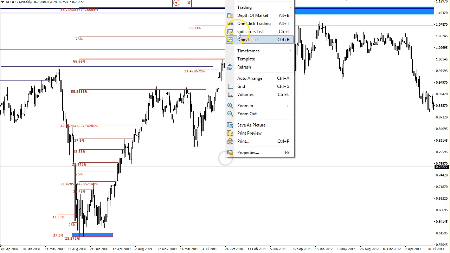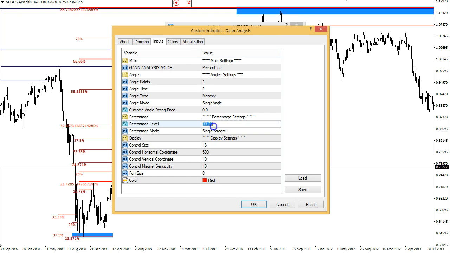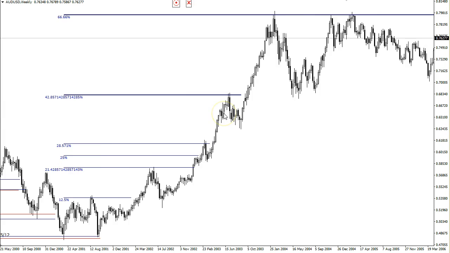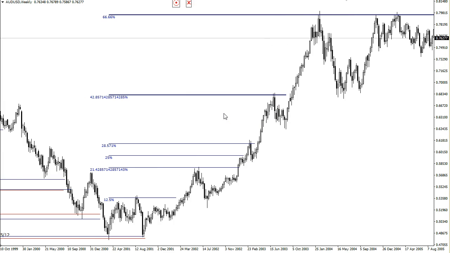No reaction. Put 37.5. You can see that the 37.5 gave exactly the historical high that we have in AUDUSD from this low. So 37.5 is important now with us.